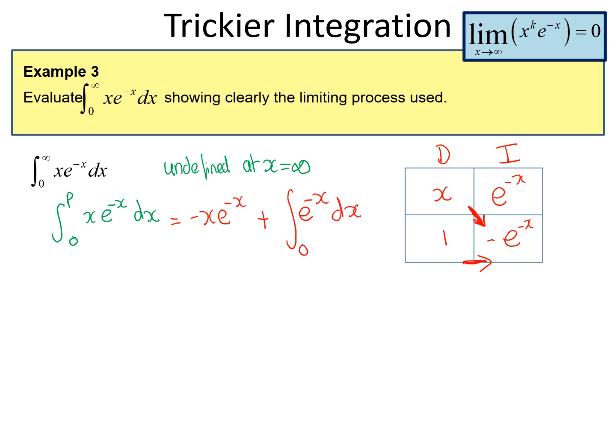And we're putting 0 to p as our limit, and this really should have a square bracket round it with p and 0 on.